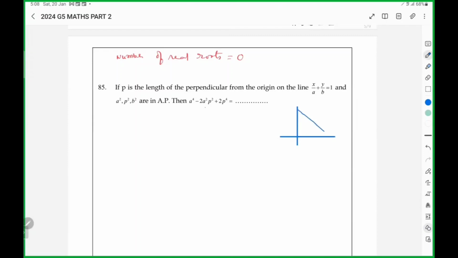he gave one line x by a plus y by b equal to 1. From the origin, the perpendicular distance is p. That is 1 by a square plus 1 by b square equals 1 by p square, and these are in AP.